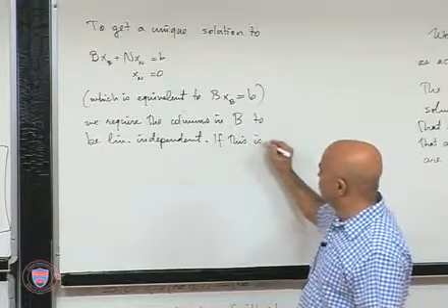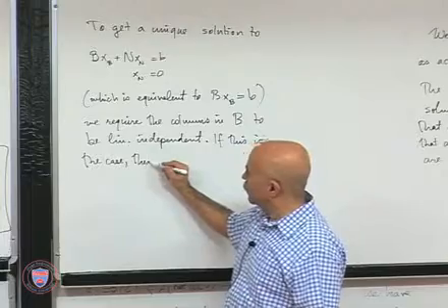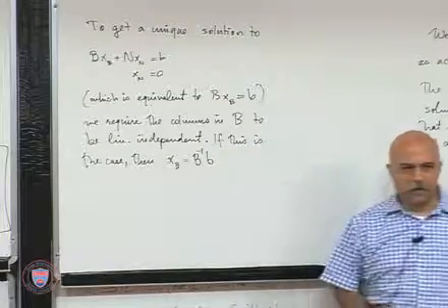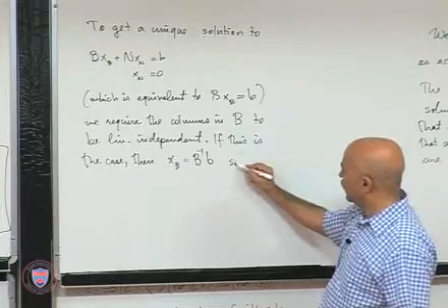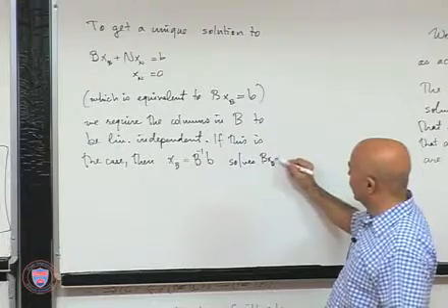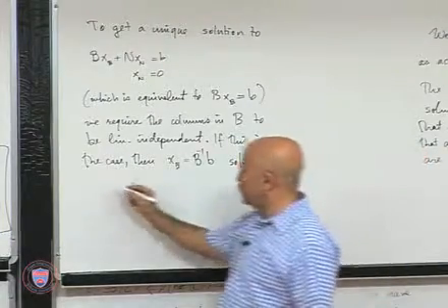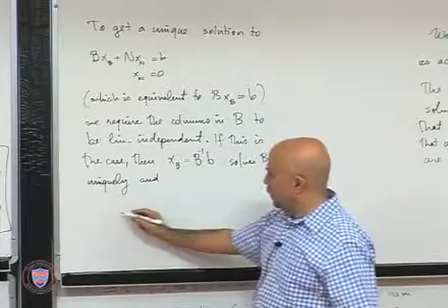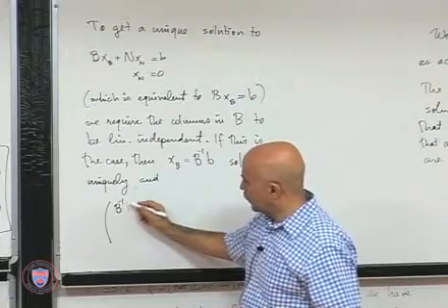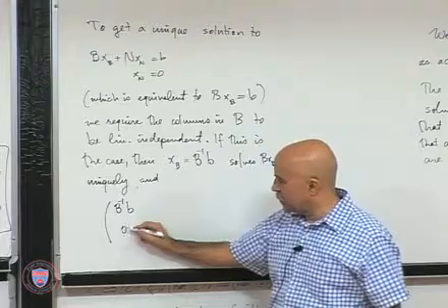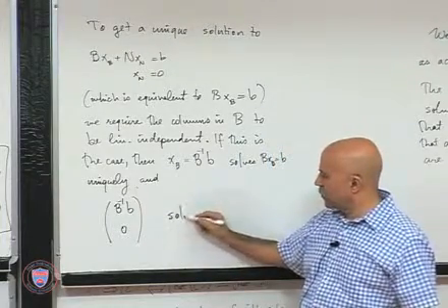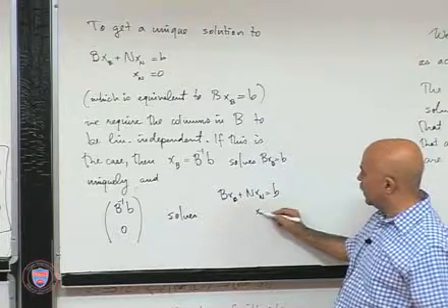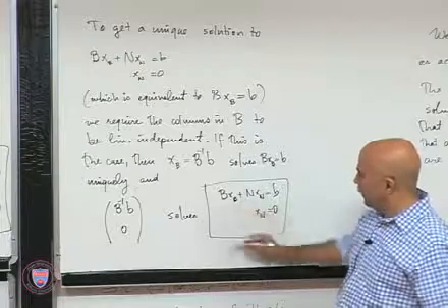If this is the case, then of course the solution for BXP is the inverse of B times B, which solves BXP equals B uniquely, and the solution with xp part consisting of B inverse B and xn part consisting of a vector of zeros solves the system BXP plus NXN equals B and XN equals 0 uniquely.